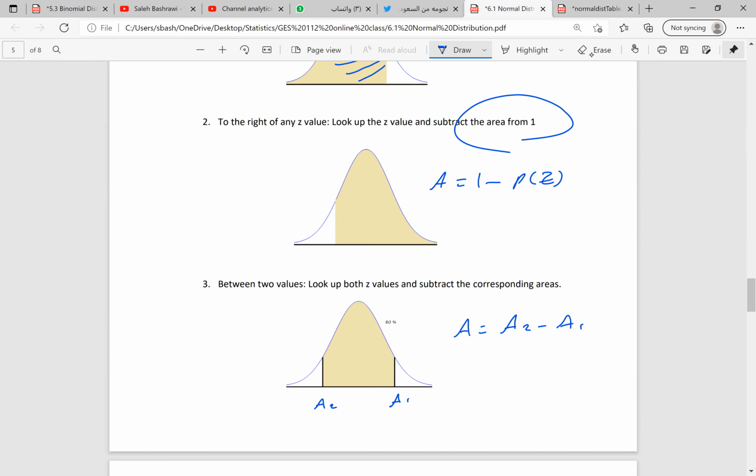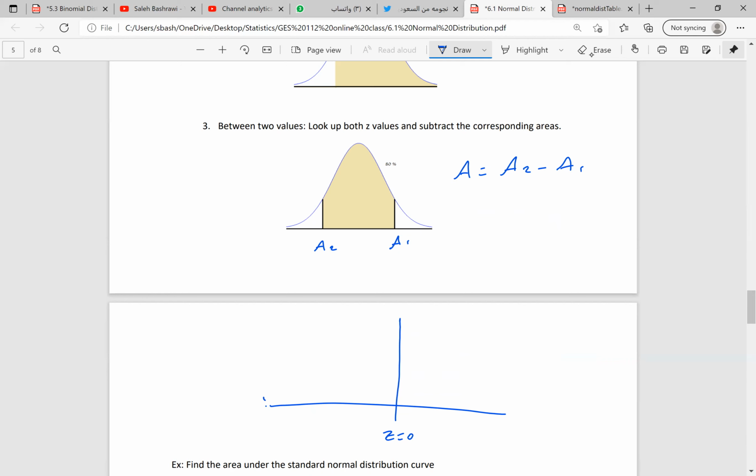And you have to keep in mind one thing. For the z-score, the mean corresponds to z equal to 0.